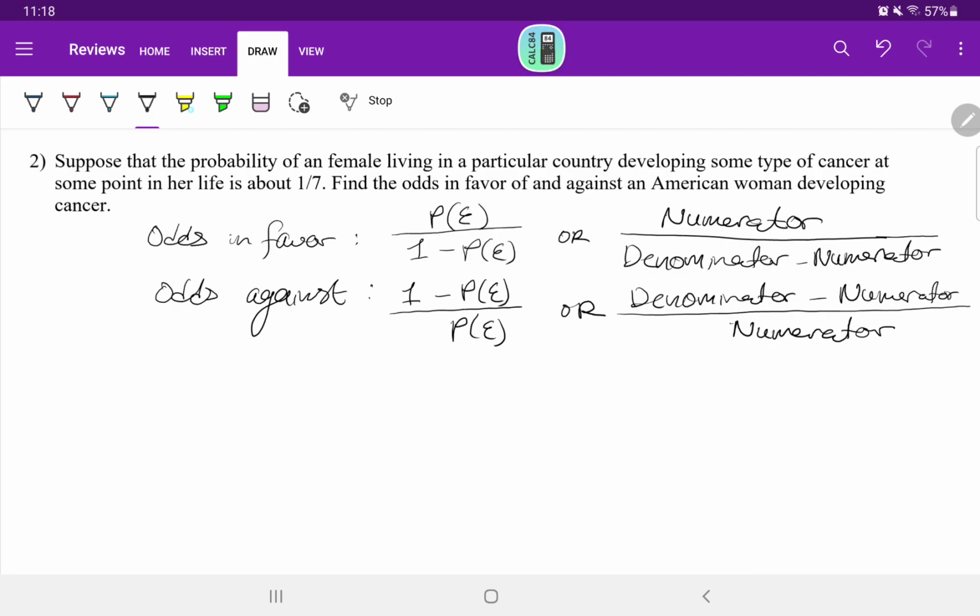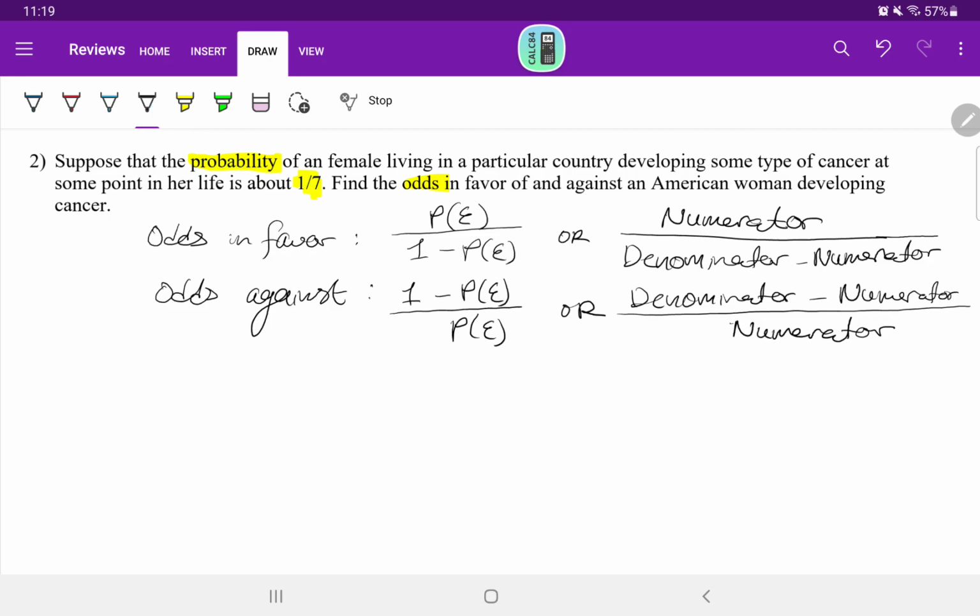So we are given a probability. It says the probability of a female in a particular country developing that sort of cancer is about 1 to 7, and we want to find the odds in favor and against.